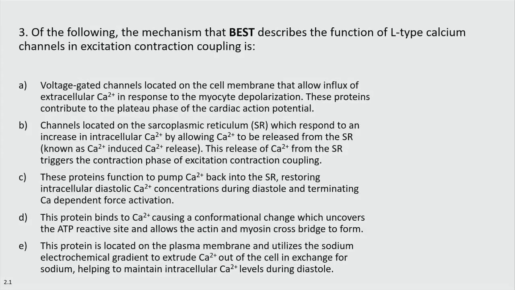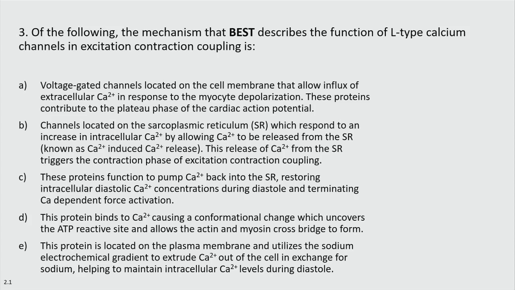Question 3. Of the following, the mechanism that best describes the function of the L-type calcium channels in excitation contraction coupling is: option A, voltage-gated channels located on the cell membrane that allow influx of extracellular calcium in response to myocyte depolarization. These proteins contribute to the plateau phase of the cardiac action potential.